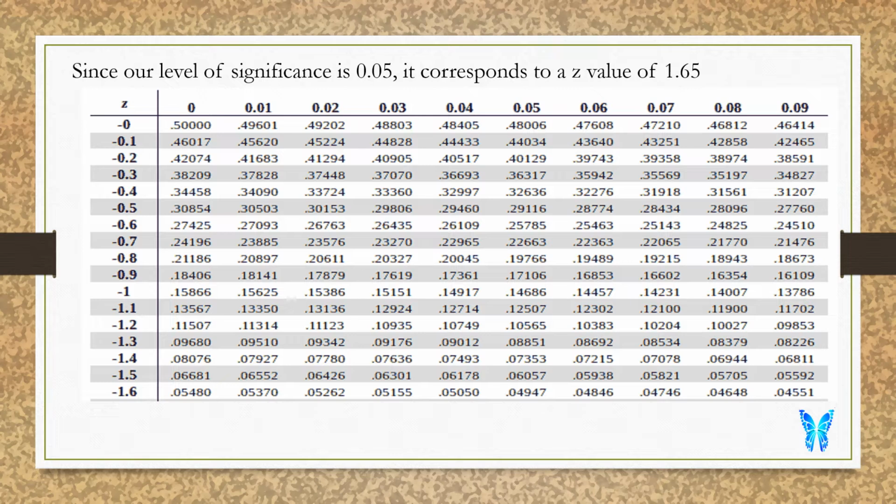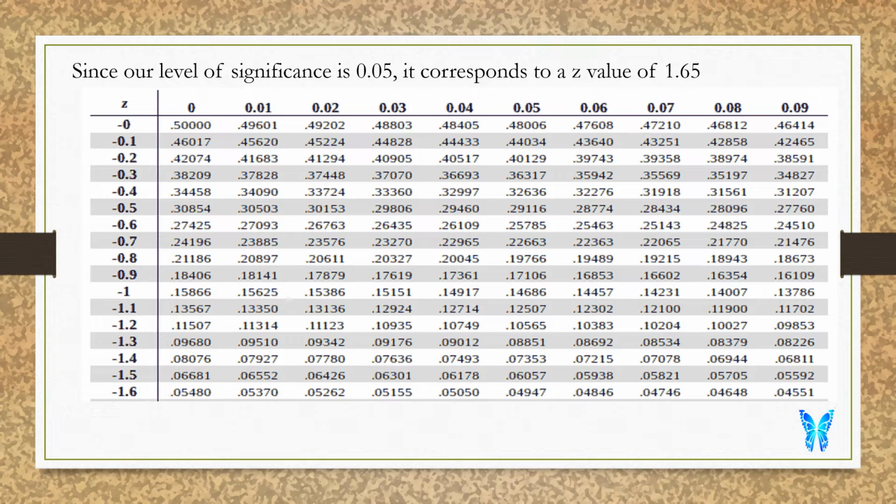From the horizontal, we found a value 0.05050, but that value exceeds 0.05, so we look at another value before it. We have 0.04947 as our corresponding value, approximately equal to 0.05, because when you round off that one, it becomes 0.05.